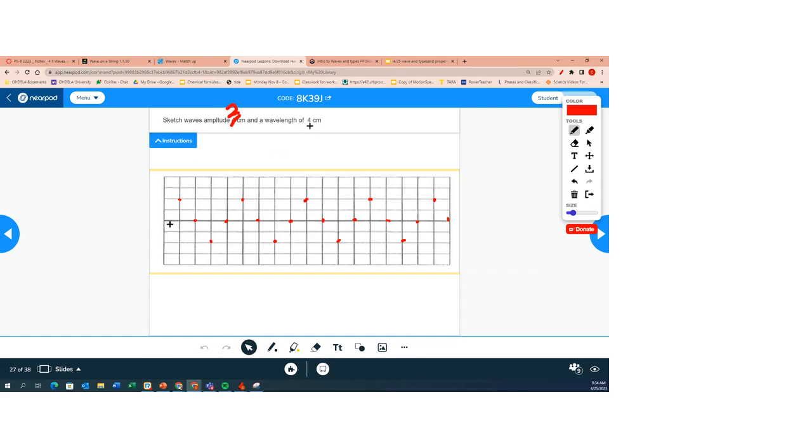So what I did is I gave you some dots. I went halfway. So I know that it's 4 centimeters wide. So I put a dot right here and a dot right there. And it goes up 2. So I went up 2, and it has to come down and then go up.